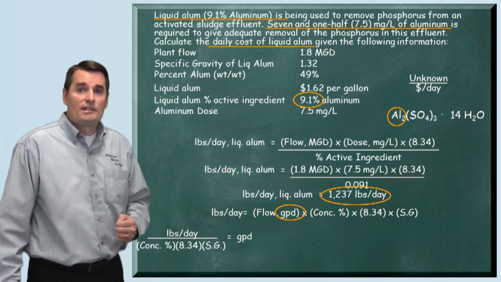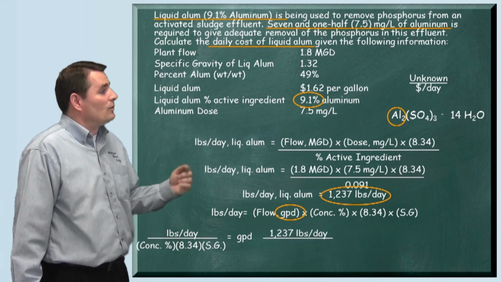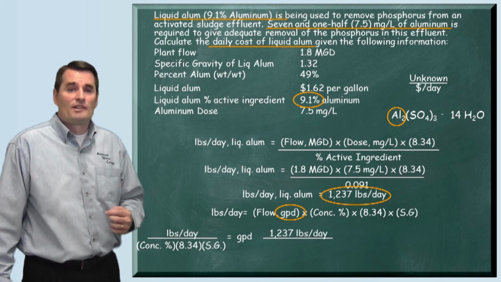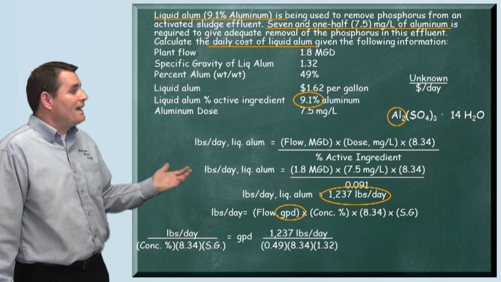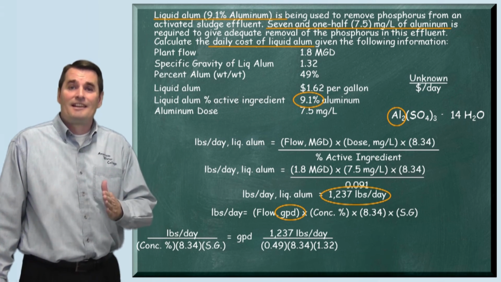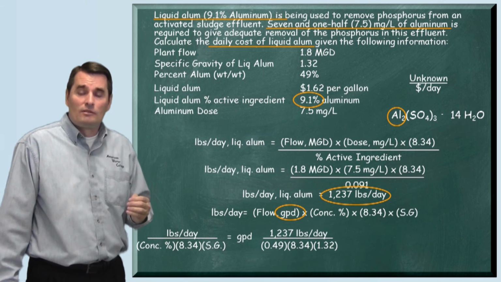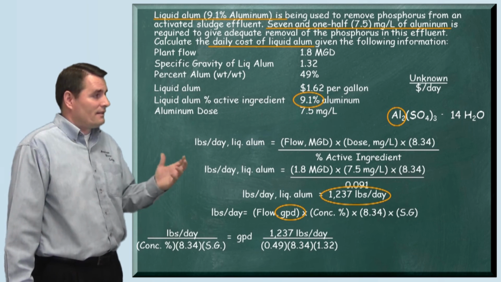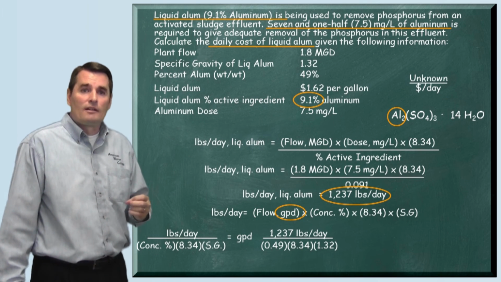Let's plug the numbers in and do the math. So again, we solved for our pounds per day, which was 1,237. And then they gave us our concentration, which is 49%. And again, we enter it as a decimal, so 0.49. 8.34 is the weight of a gallon of water.